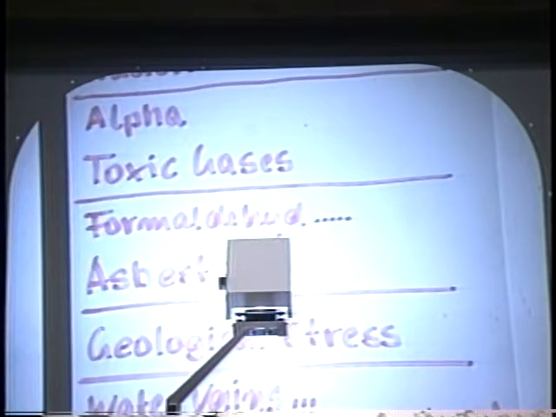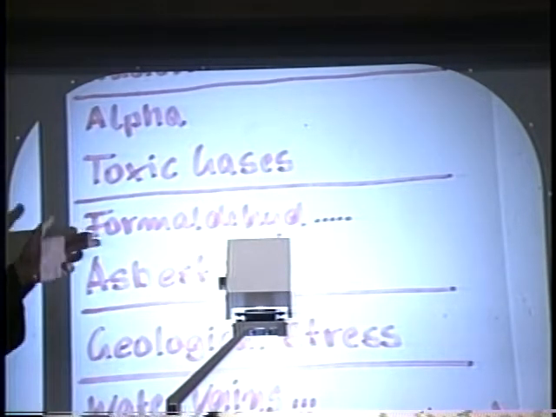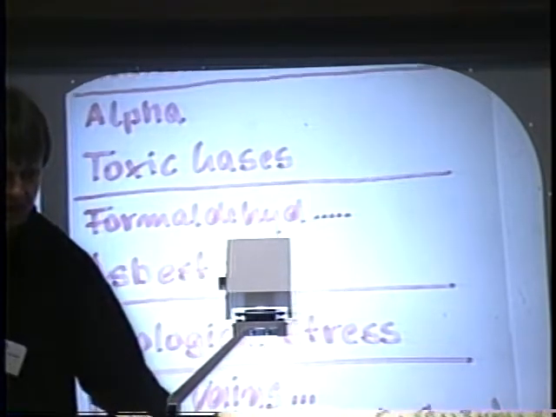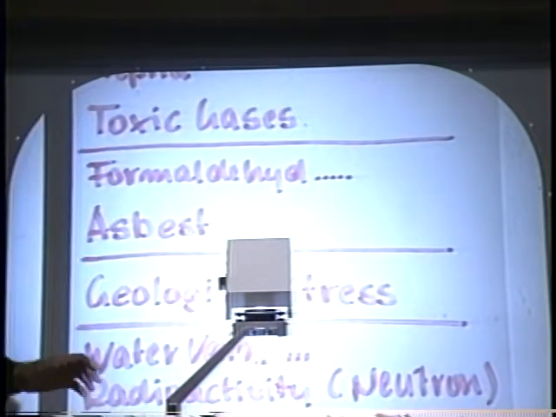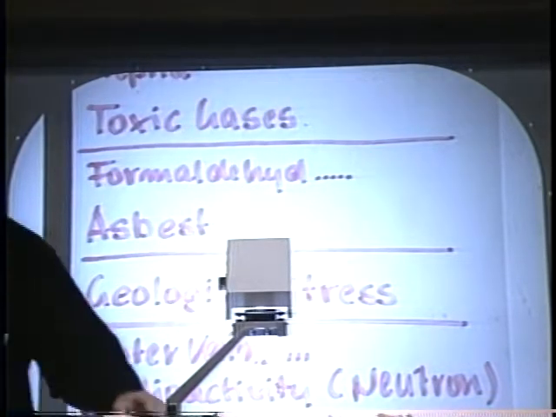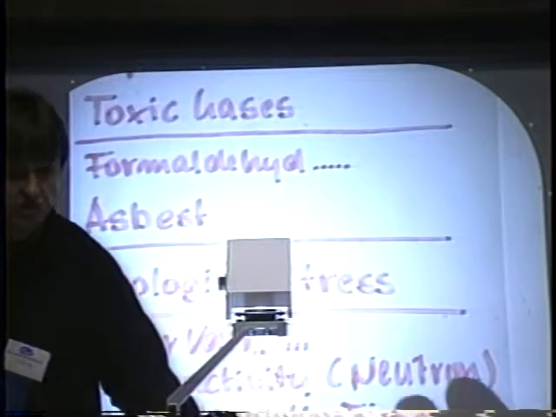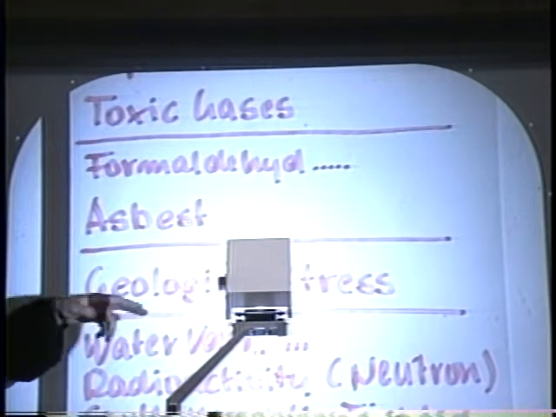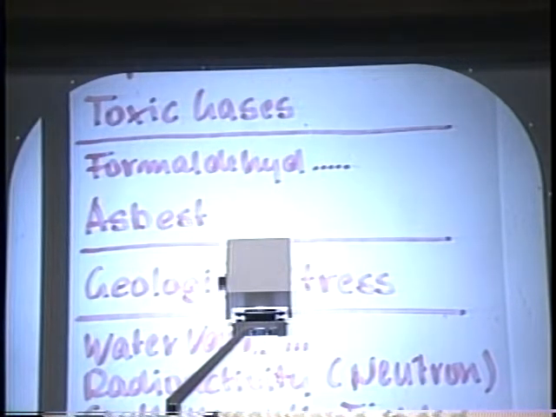Then all the toxic gases, for example, one from hundreds, formaldehyde, asbestos, and the geological stress factors. There are several names for that: geopathic stress or geological disturbances. Whatever it is, it belongs to water veins, for example.